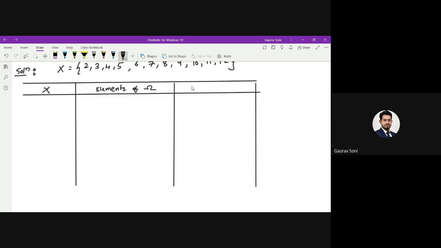And then I will have pj, which is the probability of x equal to j. For 2, how many elements are going to give me the value of x as 2?